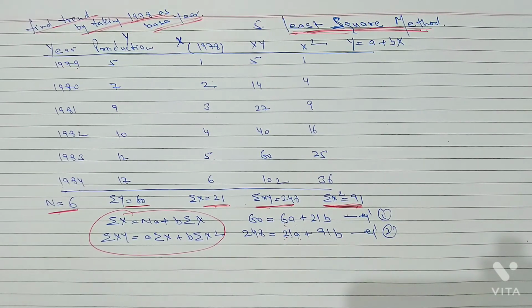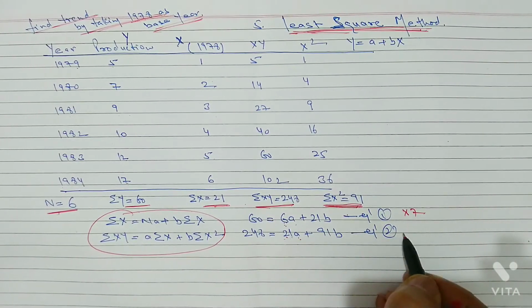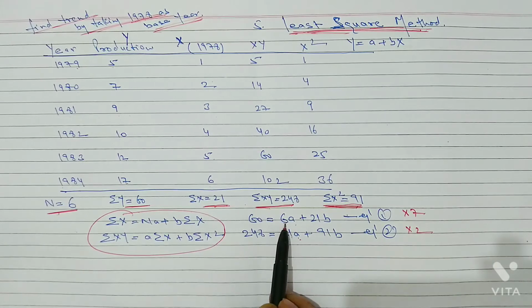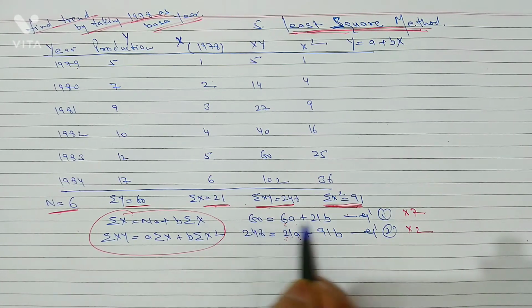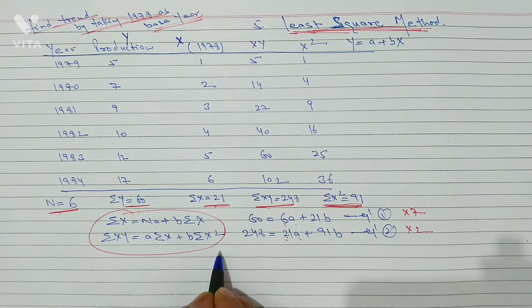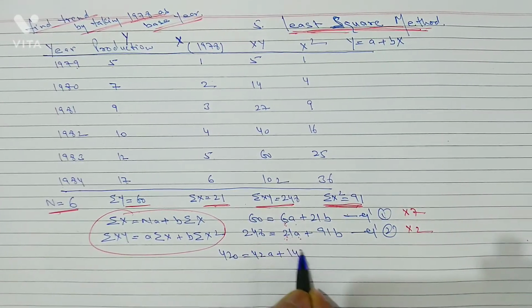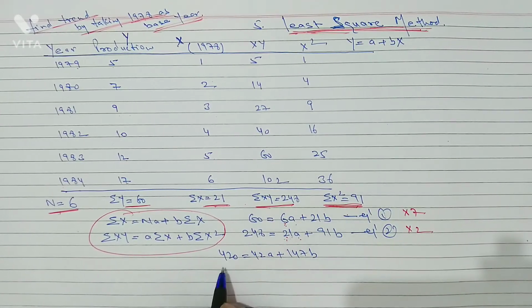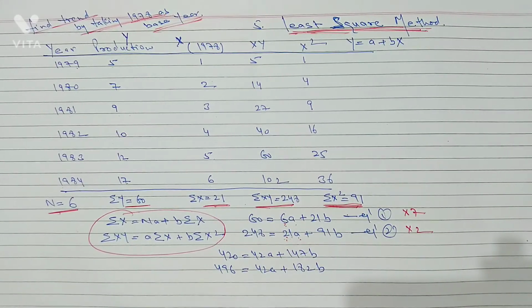Now multiply equation number 1 by 7 and equation number 2 by 2. 7 into 6 is 42 and 21 into 2 is 42. Therefore multiply this equation by 7, we get 420 equals 42a plus 147b, and this by 2, we get 496 equals 42a plus 182b.